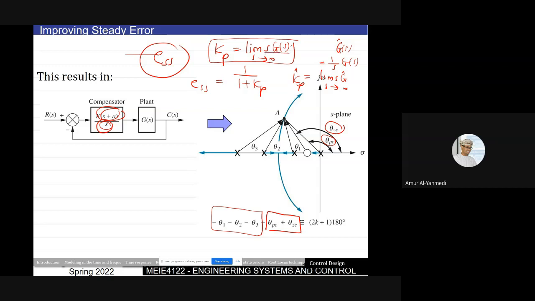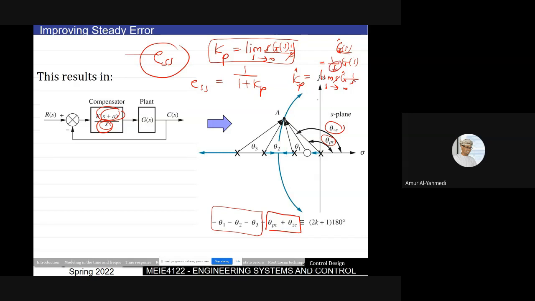With the R is 1 over S. Sorry, I didn't put R. R is a step input, 1 over S. Let's say that this S will go with this S, and I'll have G0, and G0 is KP. But here now I will have R 1 over S, okay? But I have already in this G hat, I have 1 over S also. So this will go, but I will still have another S, this one, down.